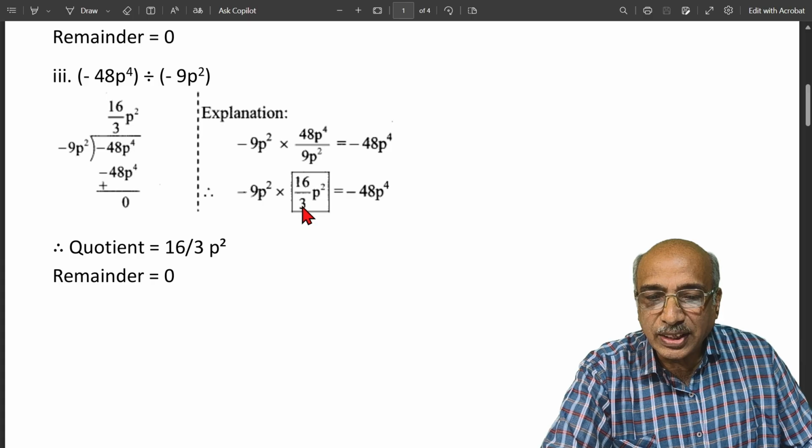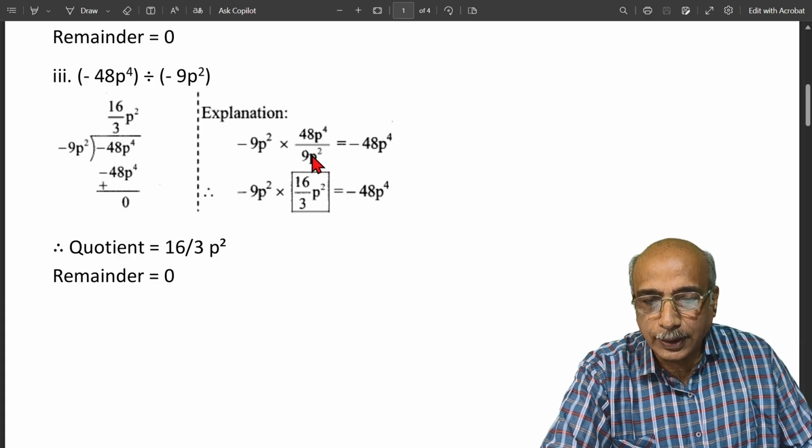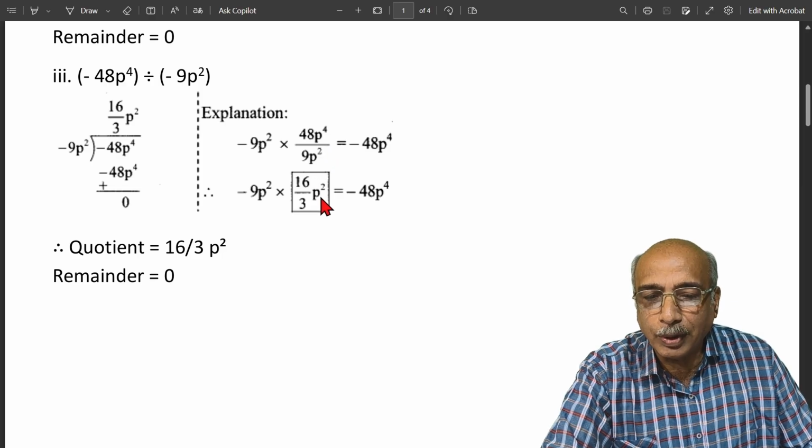So it will be 16 by 3 p square. P square and p raised to power 4. So if we divide this p raised to power 4 by p raised to power 2, you know in division, we subtract the index. So p raised to power 4 minus 2 will be p raised to power 2.